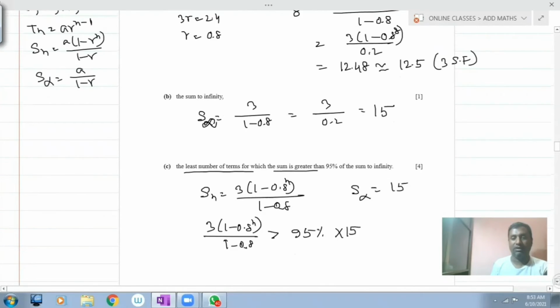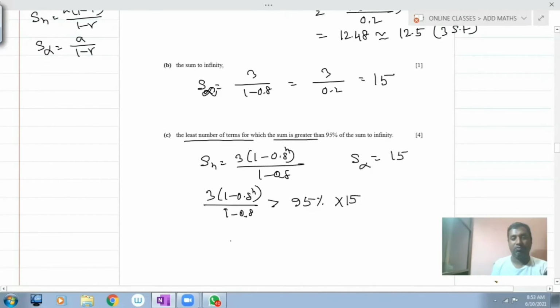So let us simplify this one. 3 times (1 minus 0.8 to the power n) is greater than 95% of 15, that is 0.95 into 15 and then 0.2.